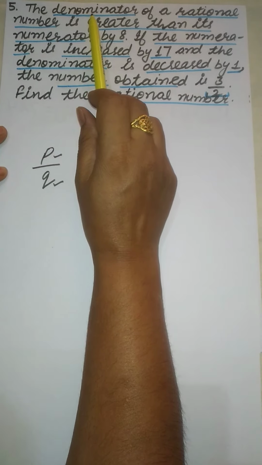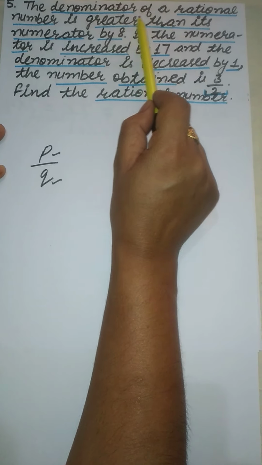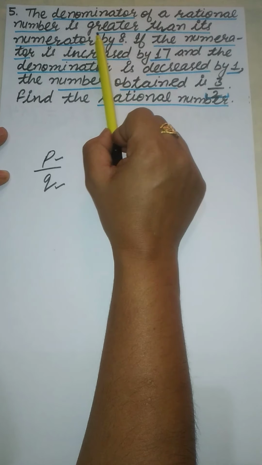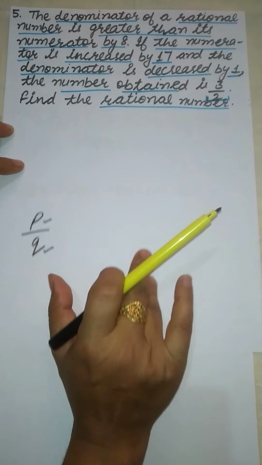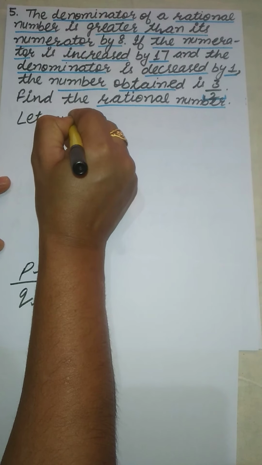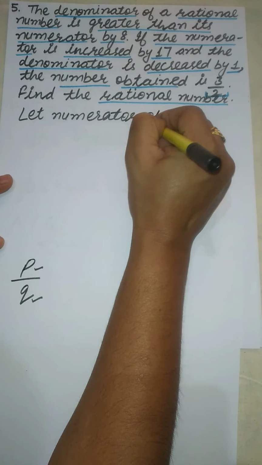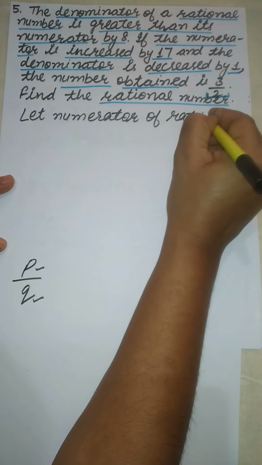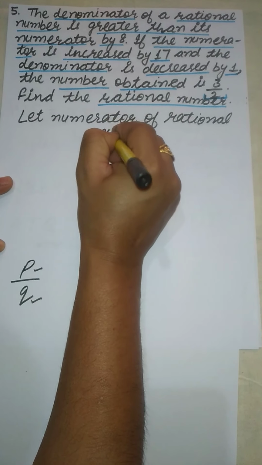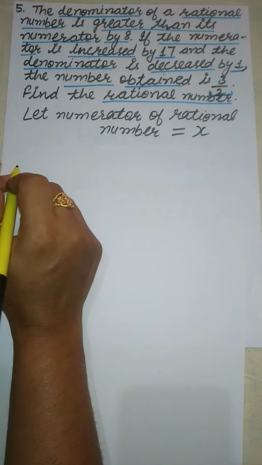As the condition is given, the denominator of a rational number is greater than its numerator by 8. So, firstly we will let the numerator of a rational number is equal to x.